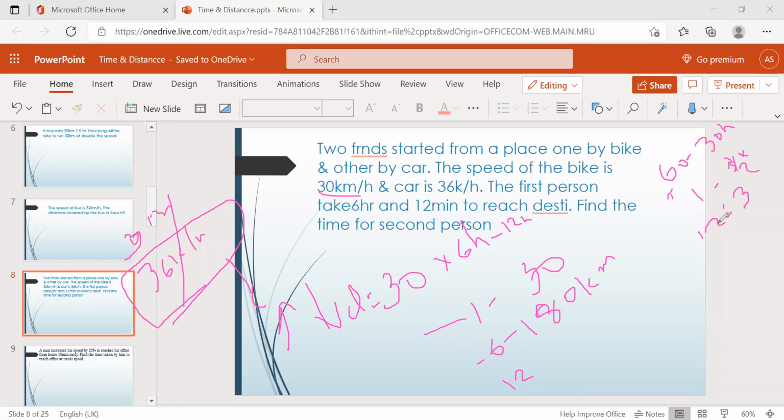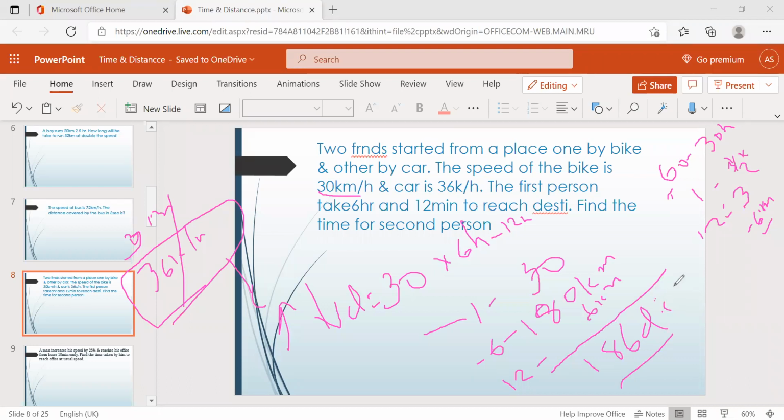For 12 minutes, it's 1 by 2 into 12, which is 6 kilometers. So 180 plus 6 kilometers, here 186 is the destination.